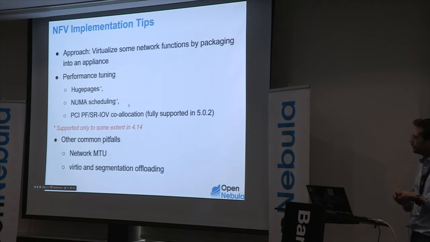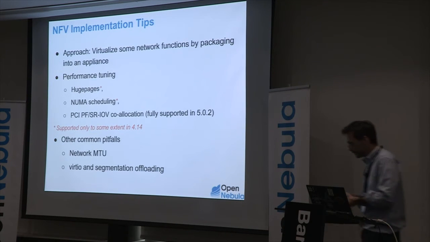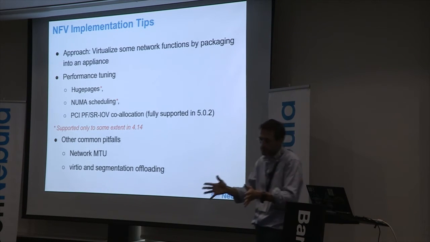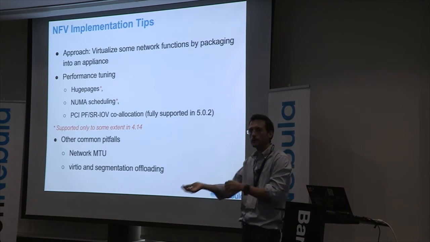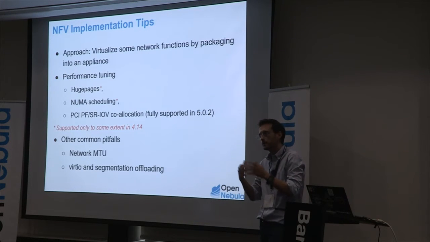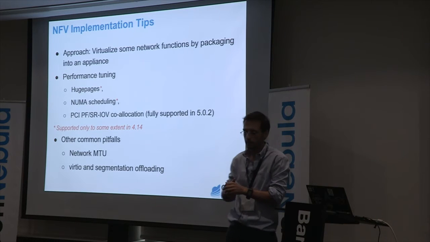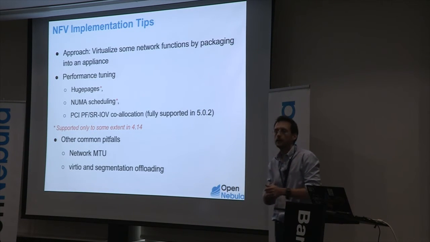Okay, so if you want to implement that, sometimes as is it's enough for medium or low traffic networks, but sometimes you want to implement with the virtual machines a networking function which requires performance.